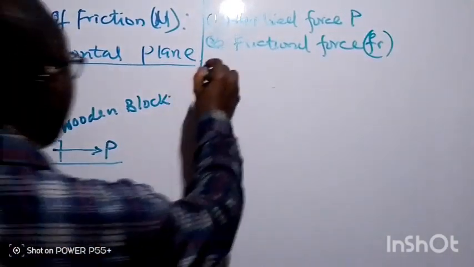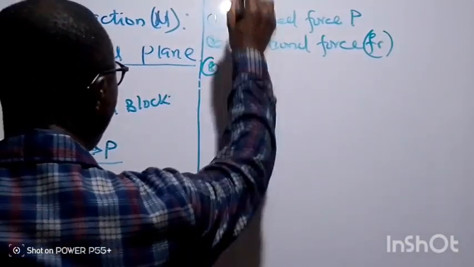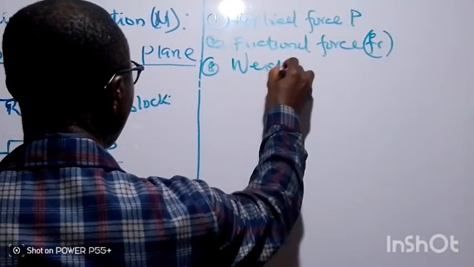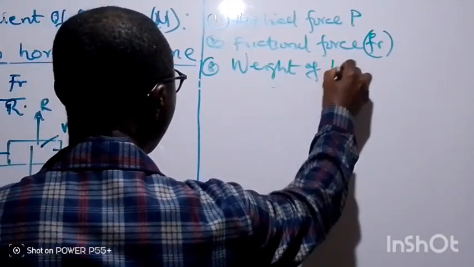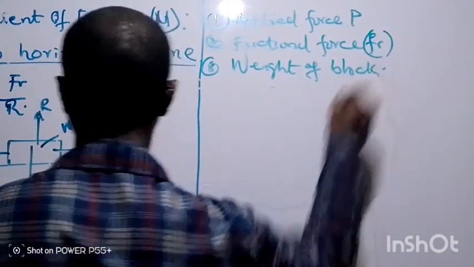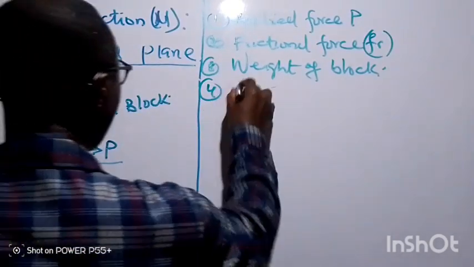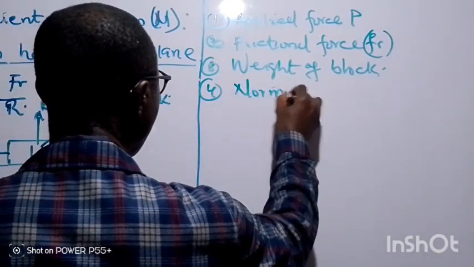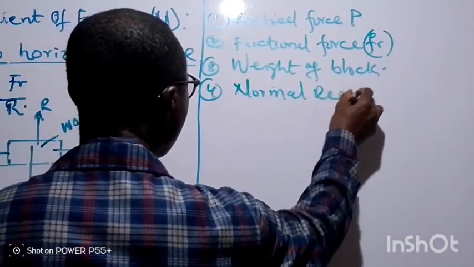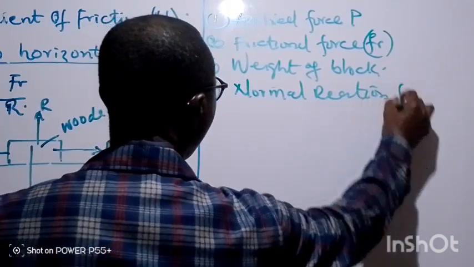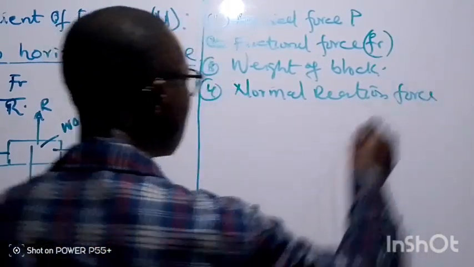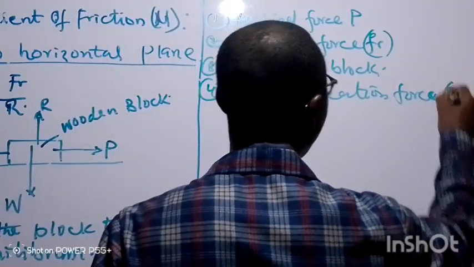And number 3 is the weight of the block itself. And the number 4 force is the normal reaction force. This one is denoted by capital R.